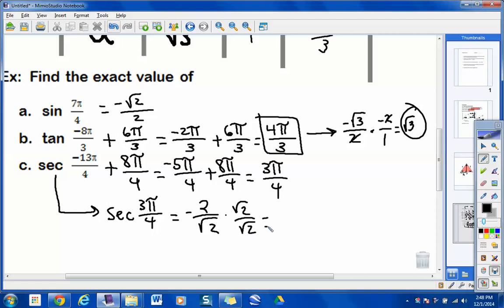And we've got negative 2 root 2 over 2, in which case these 2's will do what to each other? Boom. And we're just left with negative root 2. I'm just curious, how many had negative root 2 as your solution there? Okay, good.